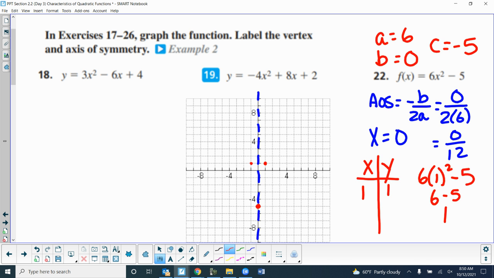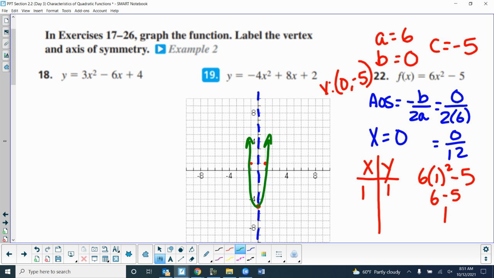Okay. So the vertex is (0, -5). And since we know, if we plug in 0 for x, like we would normally do, 0 squared is 0 times 6 is 0 minus 5 is -5. So there's our parabola.